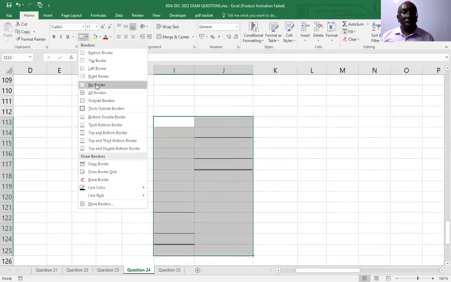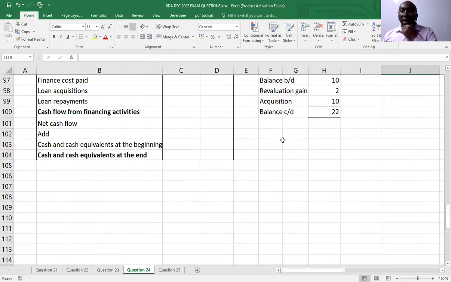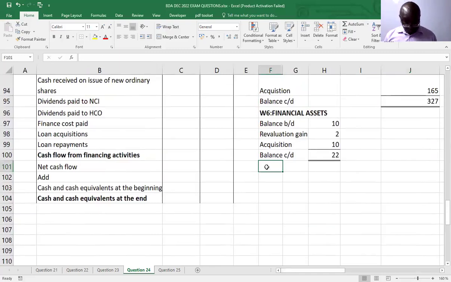So now I am in working 7. Ordinary share capital.